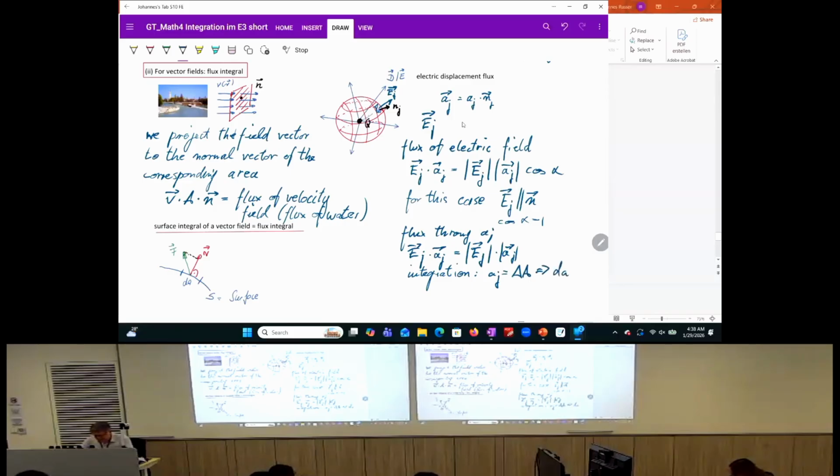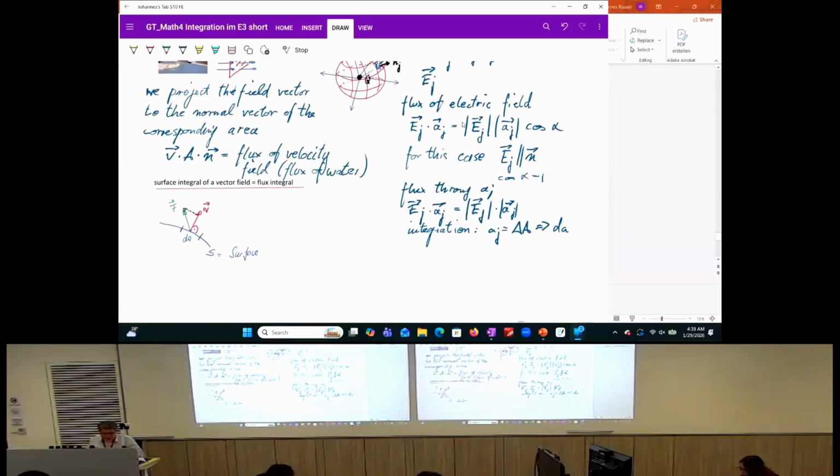So basically, you take small segments of the surface, and you look at the normal component of that surface, and then you see what kind of angle you have between the normal component of that surface and the electric field quantity in the specific case. Only that component that aligns with the normal component contributes to the flux integral.